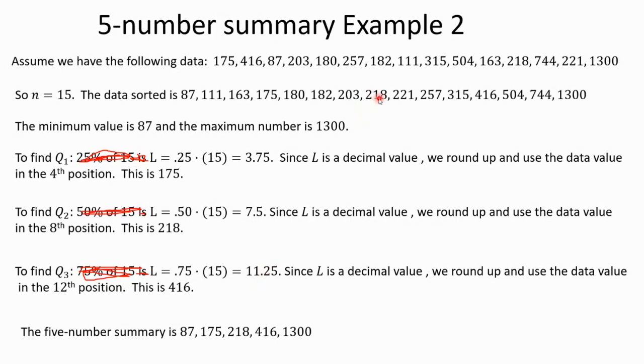So you go to the 12th value, which is 1, 2, 3, 4, 5, 6, 7, 8, 9, 10, 11, 12. 416. That's our Q3. Our maximum is 1,300. Here's our 5-number summary. This is it.